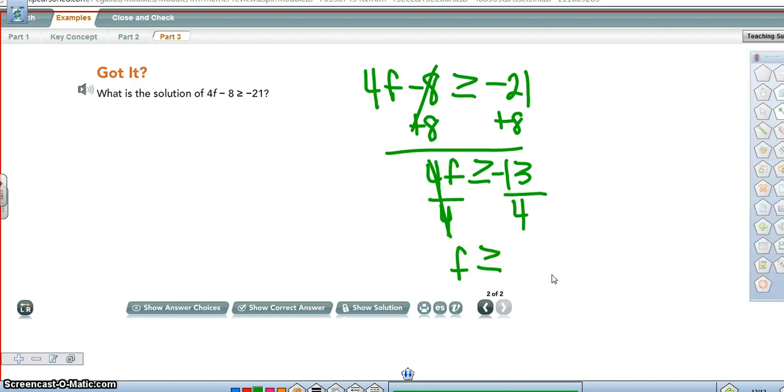We're only dividing by a positive value, 4. So we don't need to flip that inequality sign. Let's see, we can maybe write this in a better way. 4 goes into 13, 3 whole times, 1 left over out of 4. F is greater than or equal to negative 3 and 1/4. I think that does it for today's lesson.